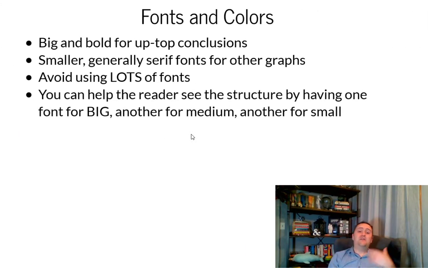In terms of fonts and colors, as I mentioned, big and bold for upfront conclusions, right? You want to think, what are the key points of interest that I want people to take away from this dashboard, and make sure that those things are very easy to see. We want consistency across the visualizations. If you use color, you want to make sure that the coloring is consistent across the different graphs.